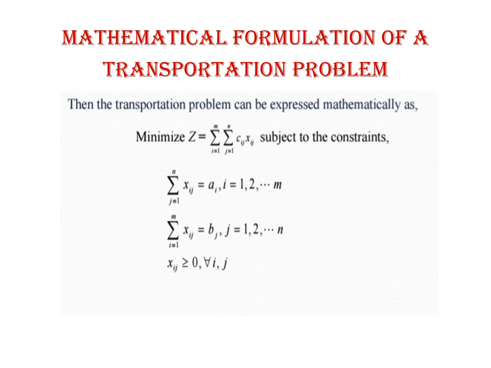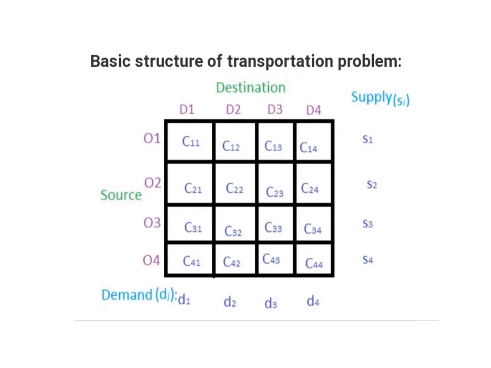Minimize Z equals summation i equals 1 to m, summation j equals 1 to n, Cij Xij, subject to the constraints: summation j equals 1 to n, Xij equals ai, where i equals 1 to m; summation i equals 1 to m, Xij equals bj, j equals 1 to n; non-negative constraints, Xij greater than or equal to 0 for all i, j.